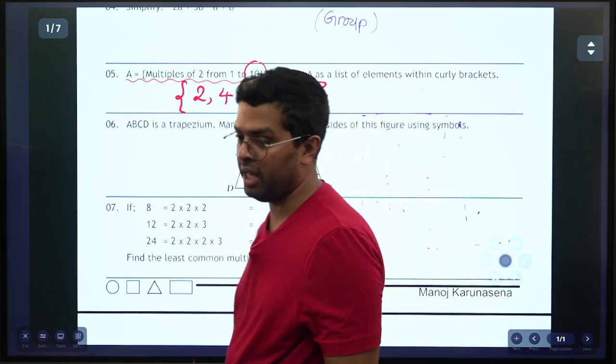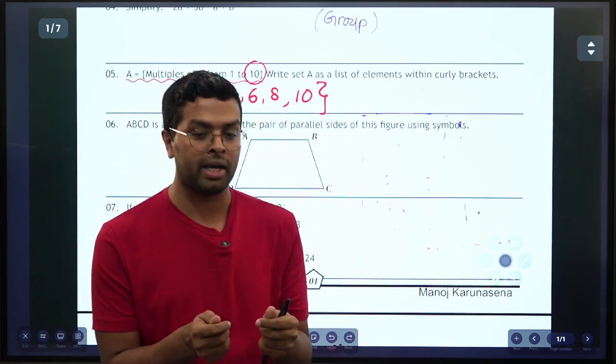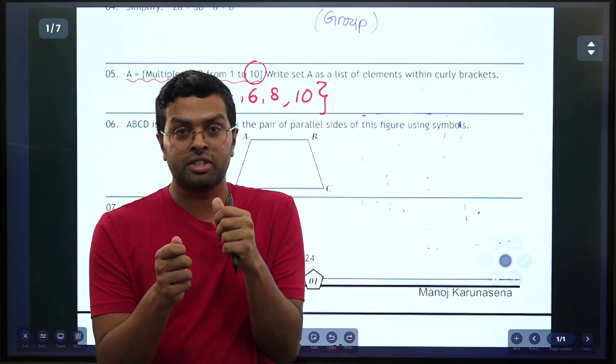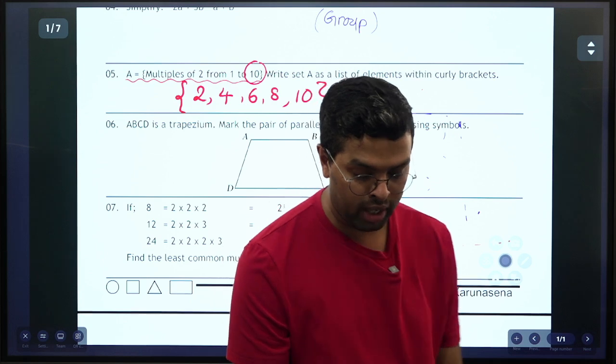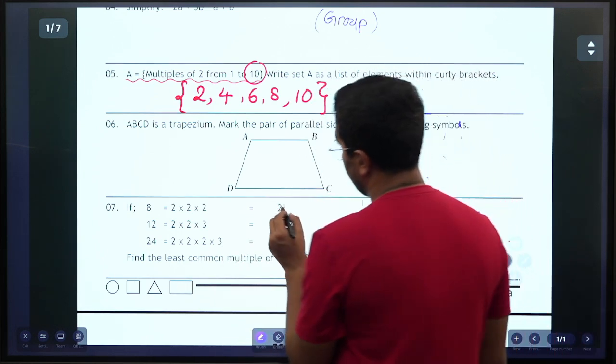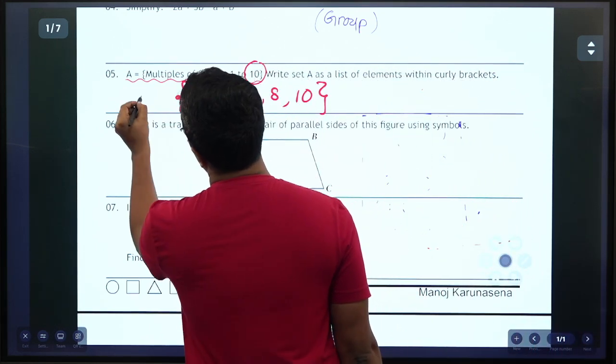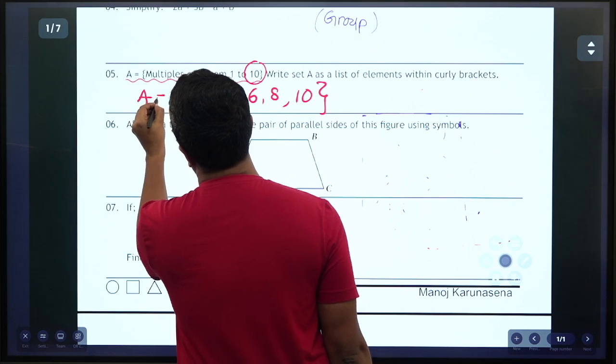To separate two elements in a set, we have to put a comma mark. So let's name this set as set A.